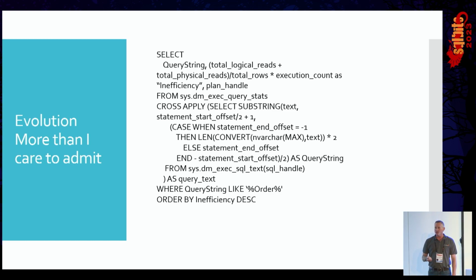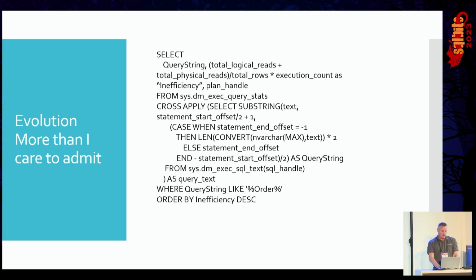How many rows was it looking to process? So how much work, for what reward, right? And then I landed on execution count as a multiplier, because this thing should be penalized the more times it runs. Make sense? Cool. So basically what I'm looking for is low ROI queries: a lot of work, small reward.